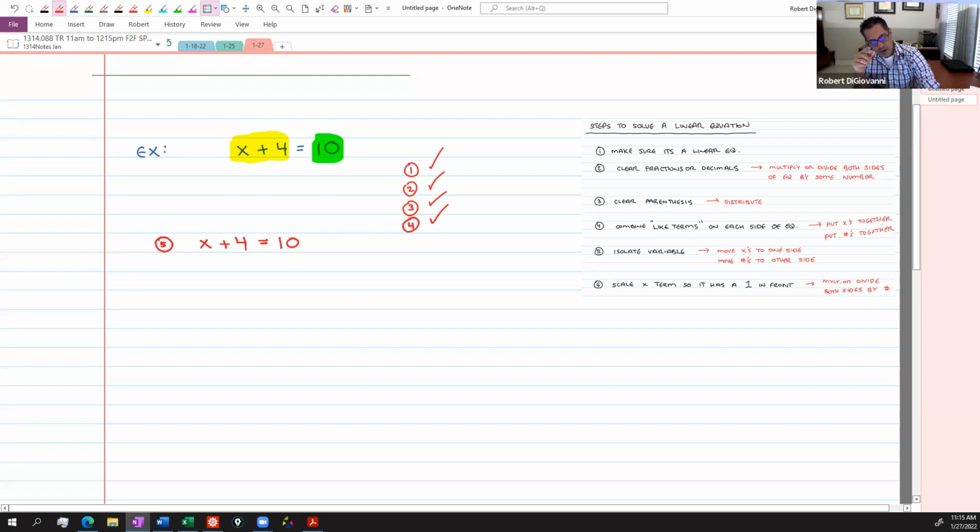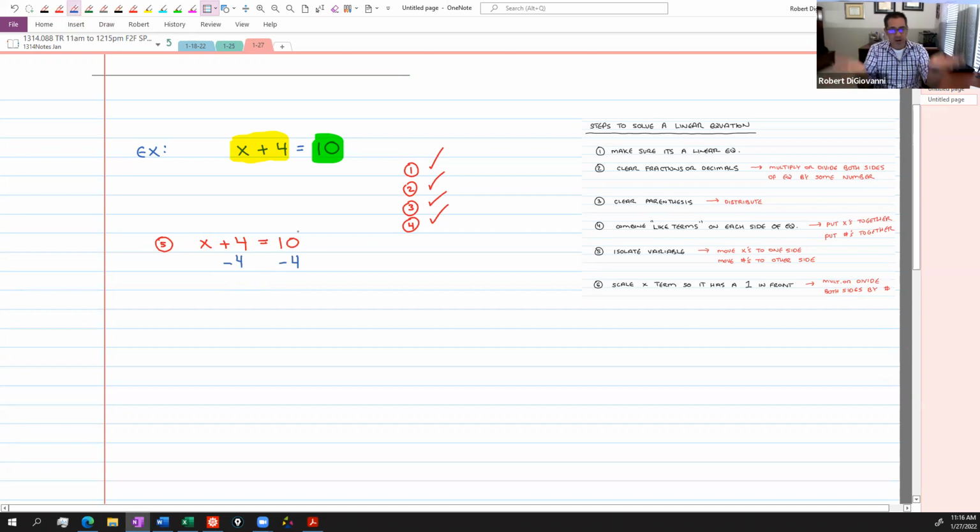There's that 4 over there with it. If you want to get this x by itself, you have to get rid of the 4. Since the 4 is being added, you want to undo the addition. So you will subtract the 4, and whatever you do to one side of the equation, you have to do to the other side.